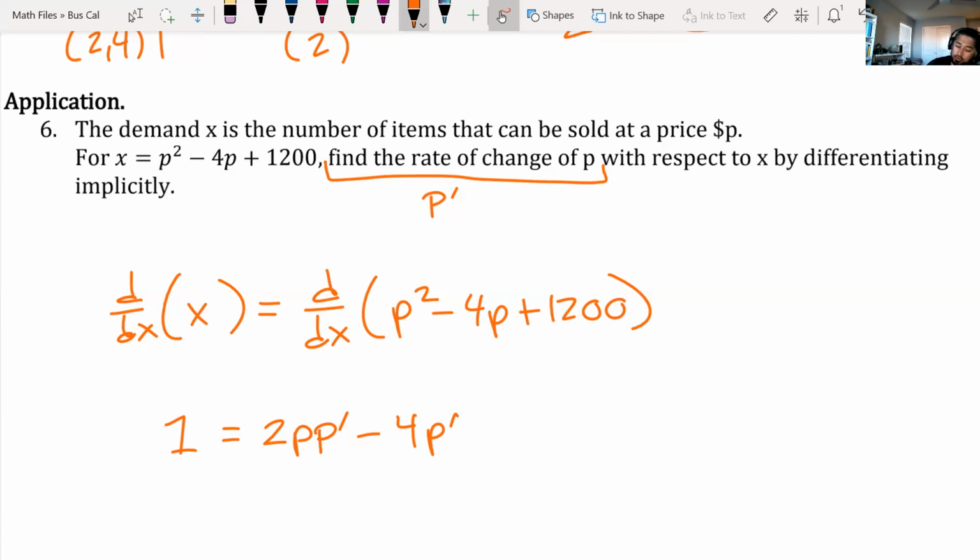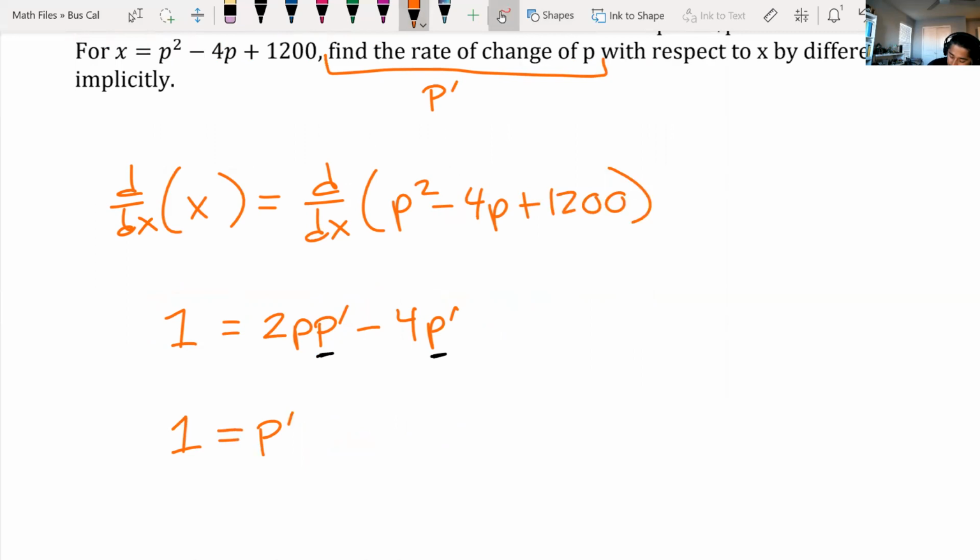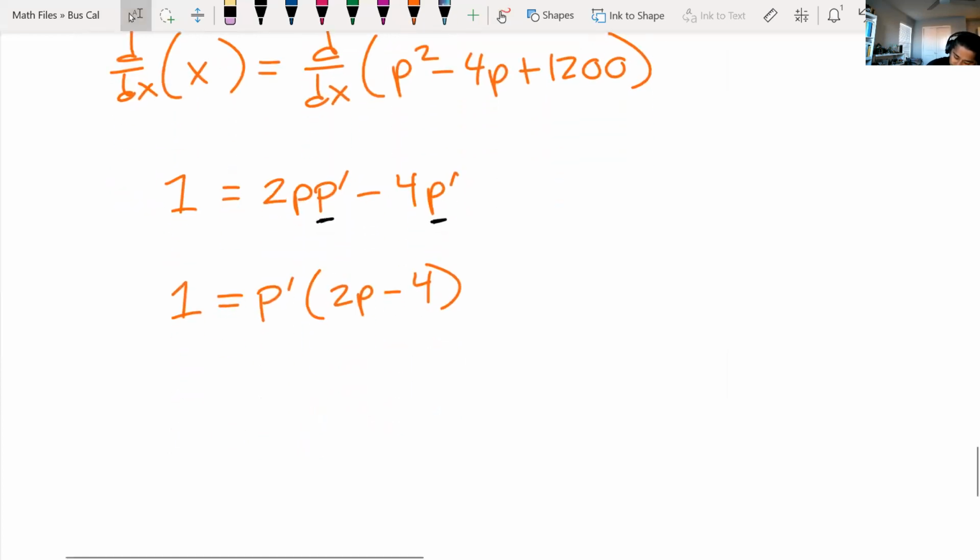Okay, so here's our implicit derivative, and now we must solve for p prime. So what could you do on the right side? Factor. Good. Factor out a p prime, and you'd get p prime times 2p minus 4. And then to solve for p prime, you would just divide by what? 2p minus 4. That's it.